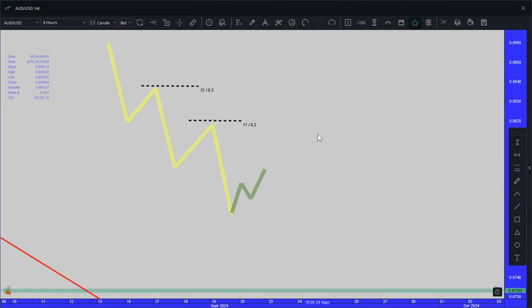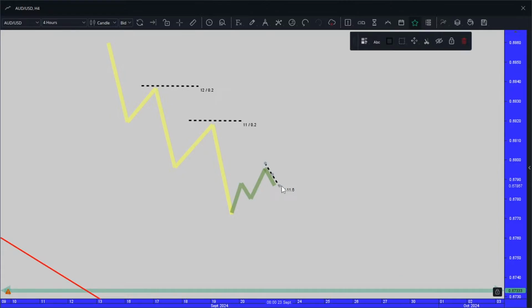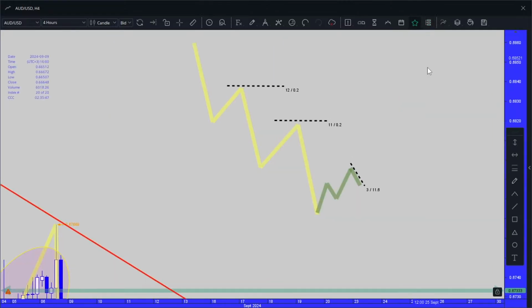Are we in an uptrend or a downtrend? Sam says uptrend. And if the market makes the next higher low, and Sam, you buy the market, you buy this counter trendline break, what is going to happen next, Sam?